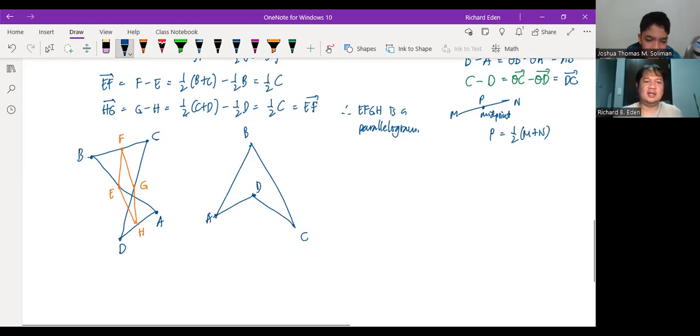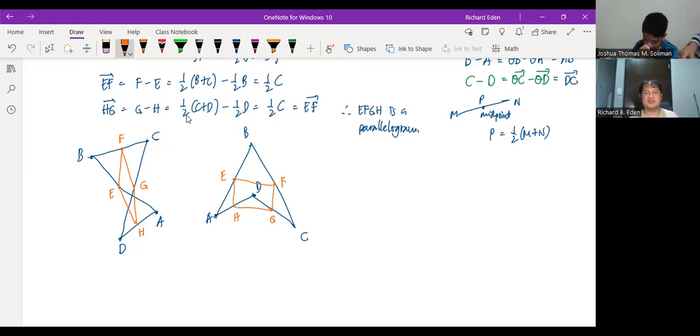Okay. A to B, so the midpoint is E. B to C, the midpoint is F. C to D, the midpoint is G. D to A, the midpoint is H. So E, F, G, H.